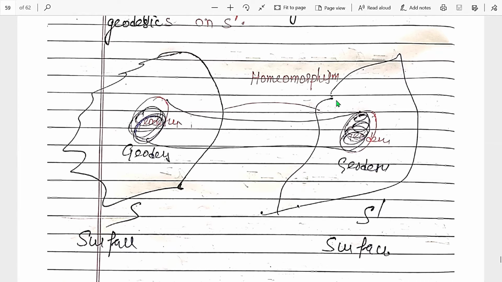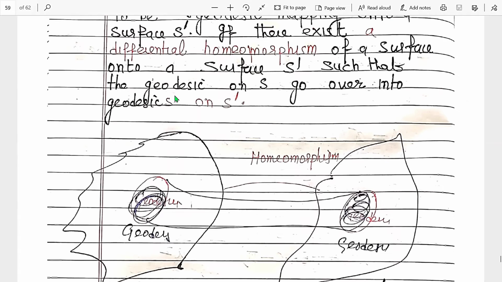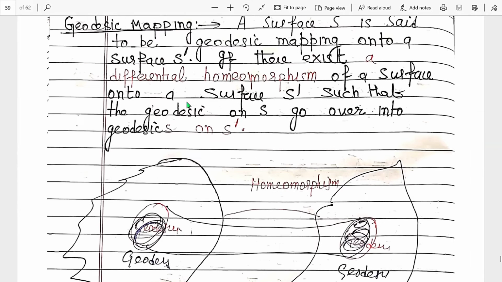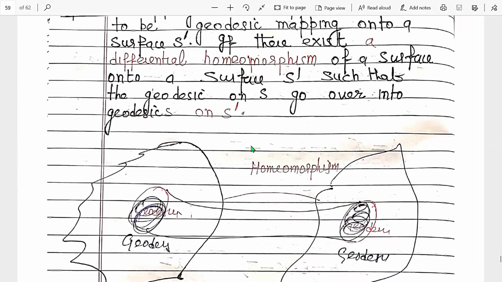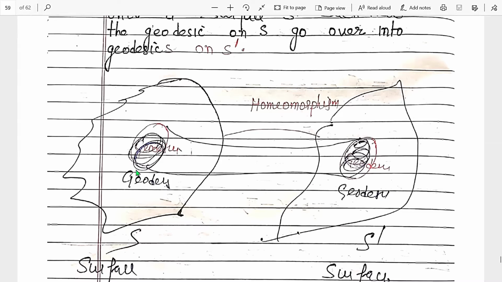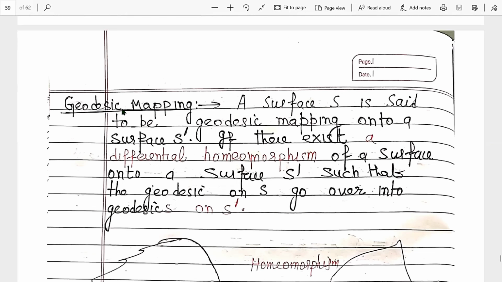Now, if there exists some differentiable homeomorphism from S to S dash, from this surface to this one, and if there is a curve which is a geodesic in surface S, we take its image, and that is again a geodesic in S dash, then this mapping is called a geodesic mapping.